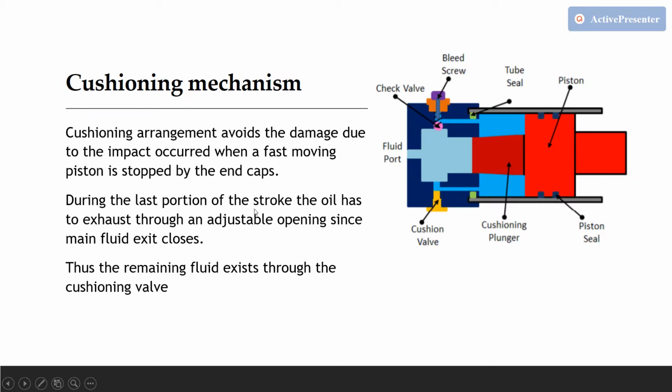In the last portion of the stroke, the oil exhausts through an adjustable opening. The fluid exits through your cushion valve. So at the end of the retraction stroke, when the piston is about to hit the end space, the retraction force is entirely controlled.